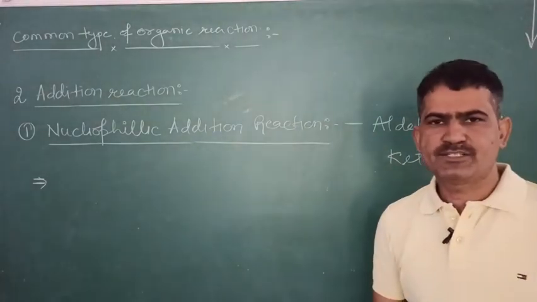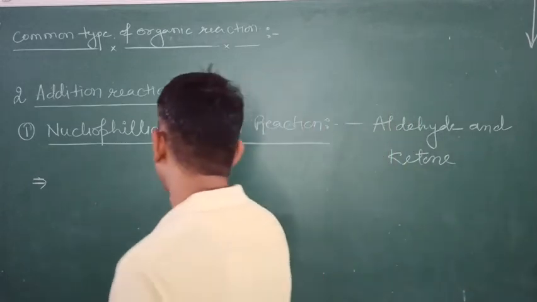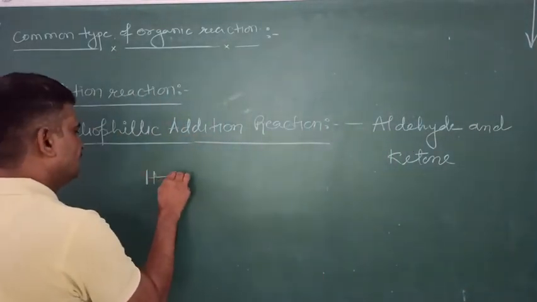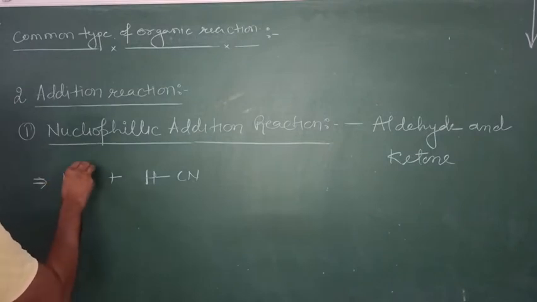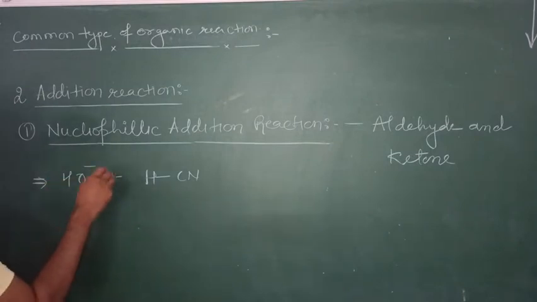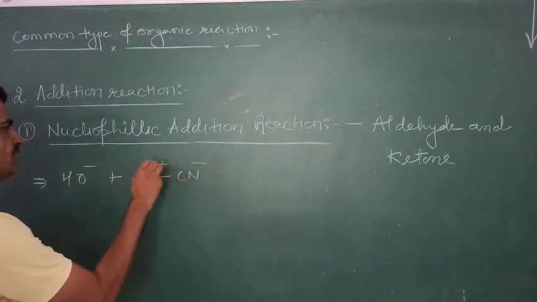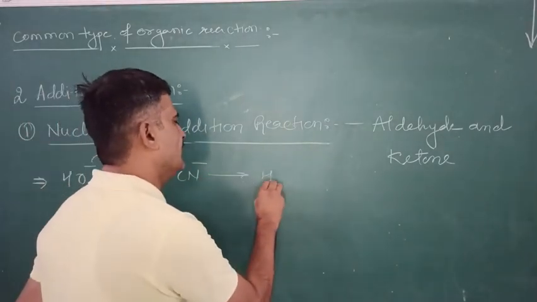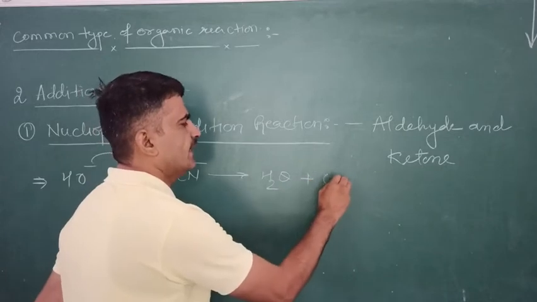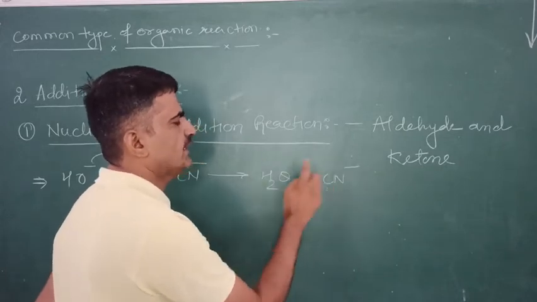cyanohydrin addition reaction. In that, first we take HCN, hydrogen cyanide, and this reacts with the hydroxyl group. This becomes negatively charged and this becomes positively charged, and water forms and a nucleophile is generated.